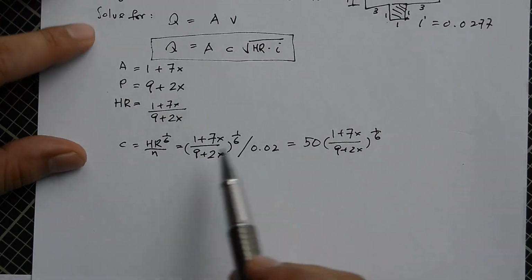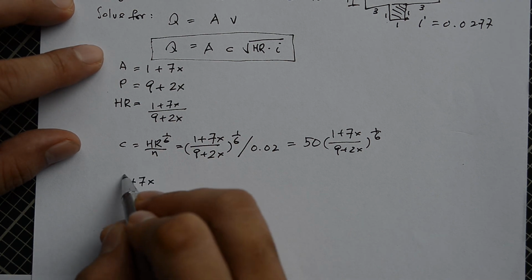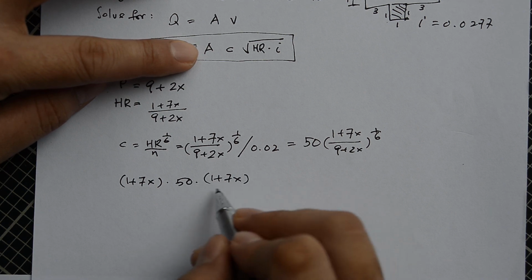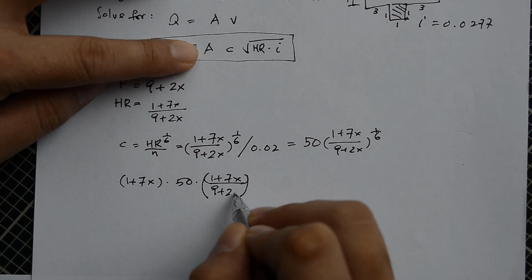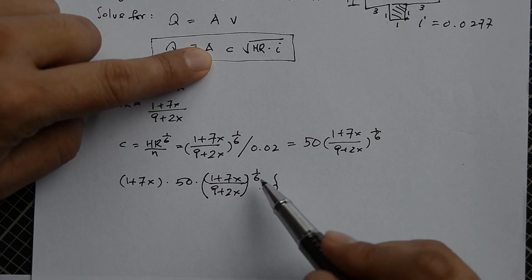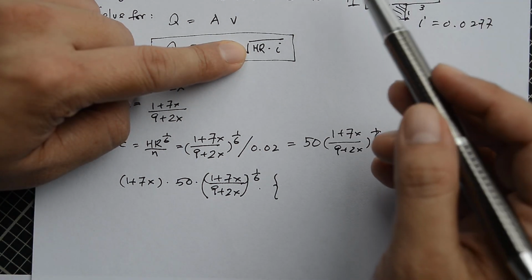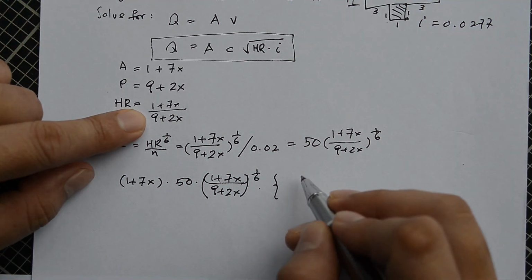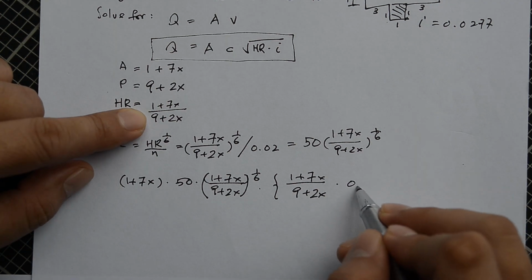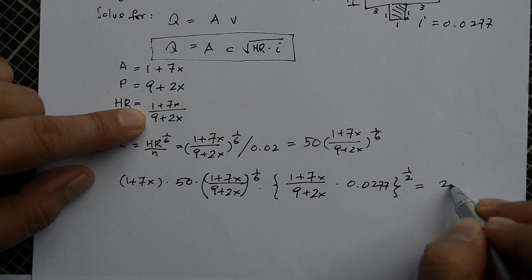We put everything in there: Q is the area, multiplied by this one, and then multiplied by 50, here is the hydraulic radius, and the inclination, all to the square root. Multiply all this, equal to the total flow rate, which is 20 meter cube per second.